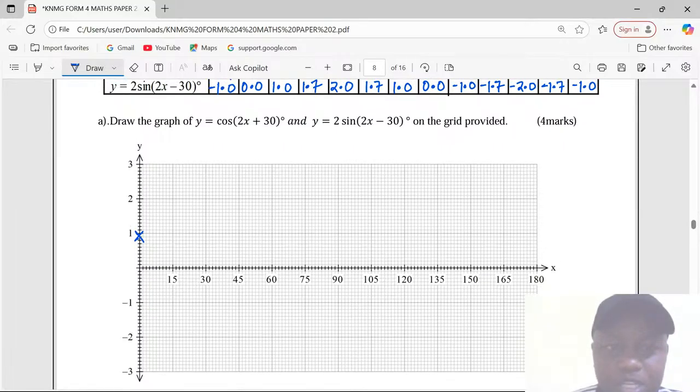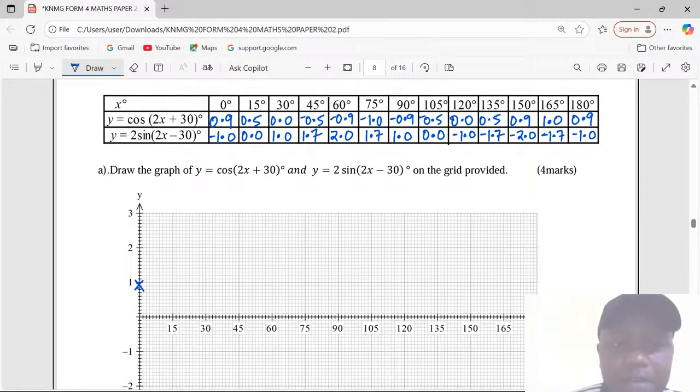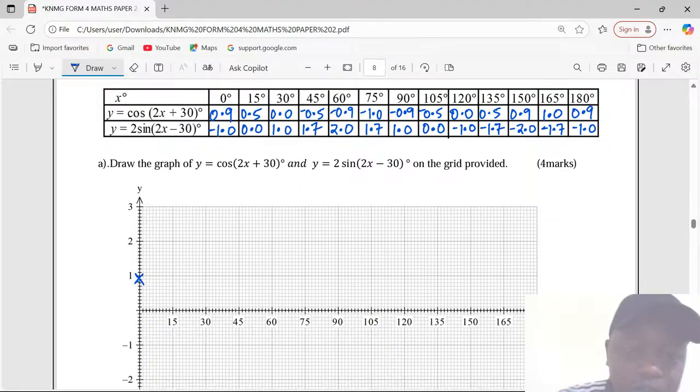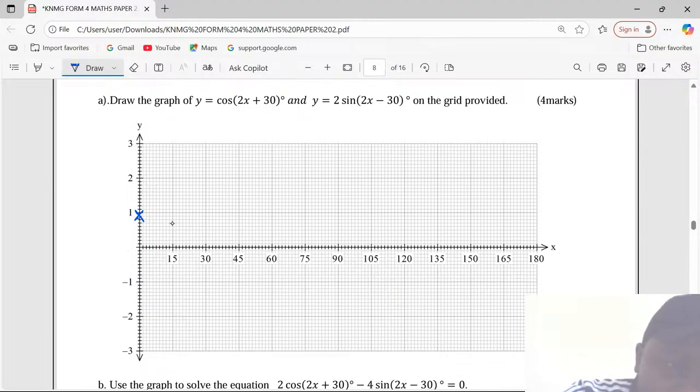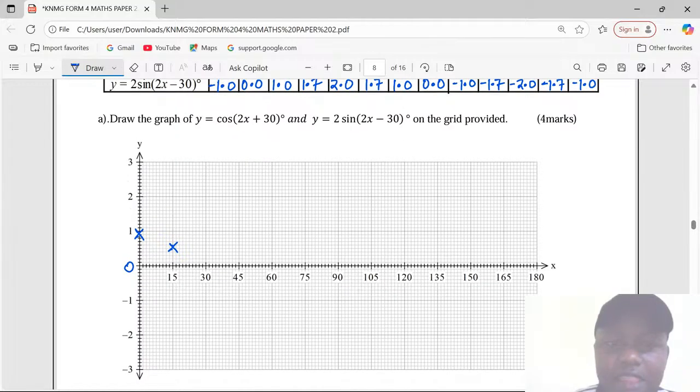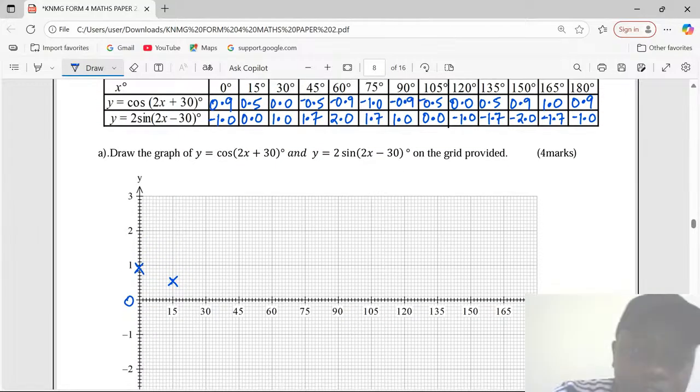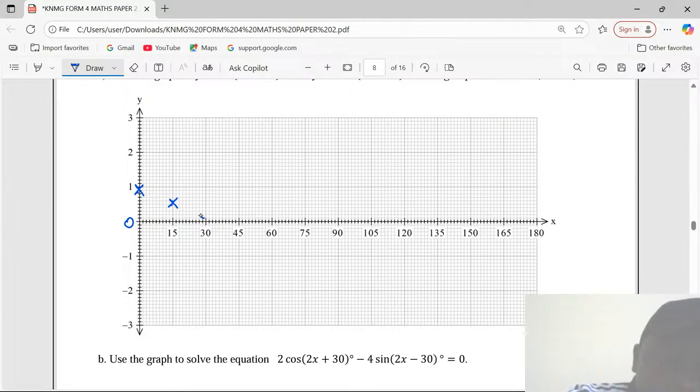Then the next one is 15, 0.5. At that point, between 1 and 0, we have 0.5. Remember, this is 0. Then 30 and 0.0 shall be exactly there.